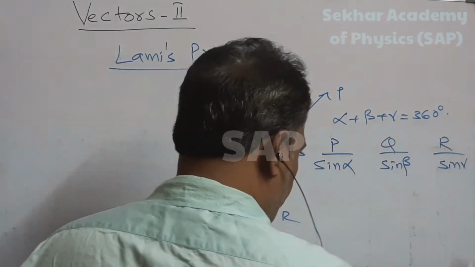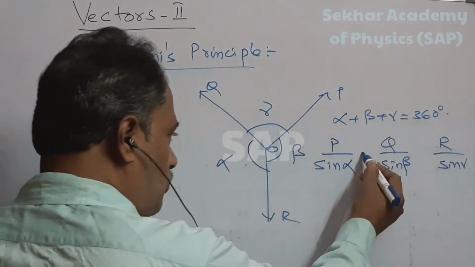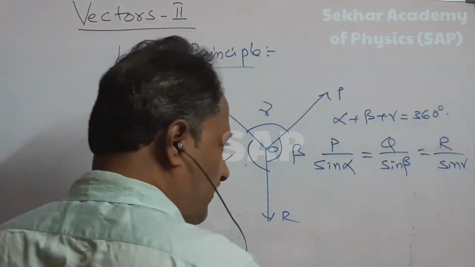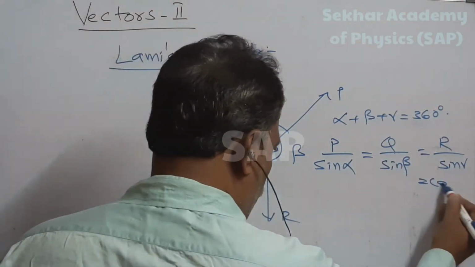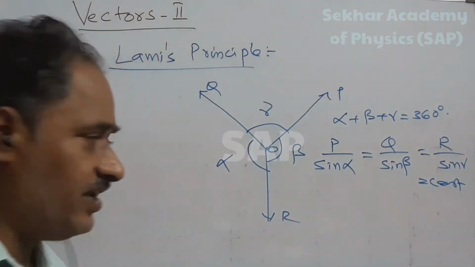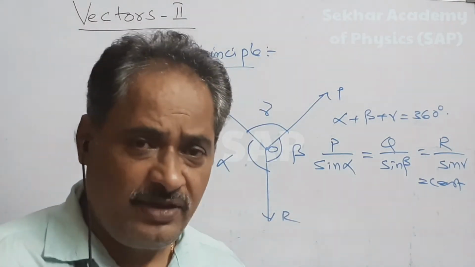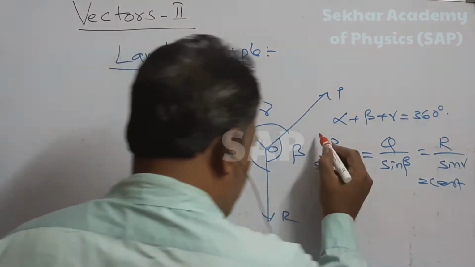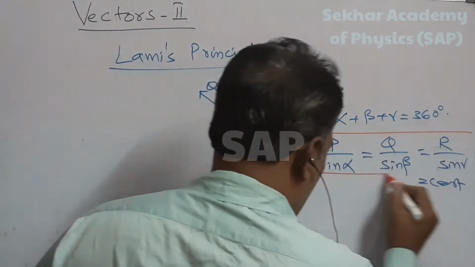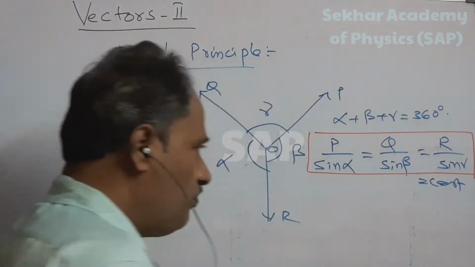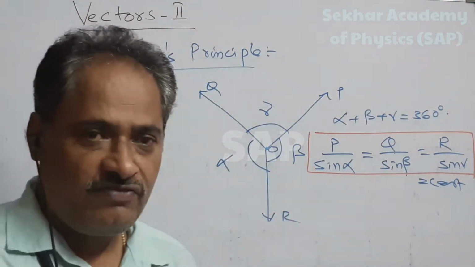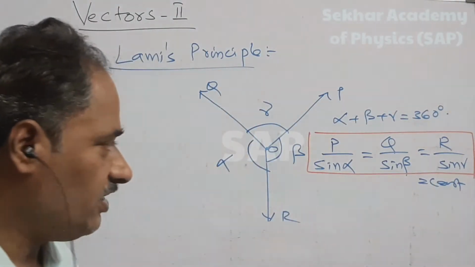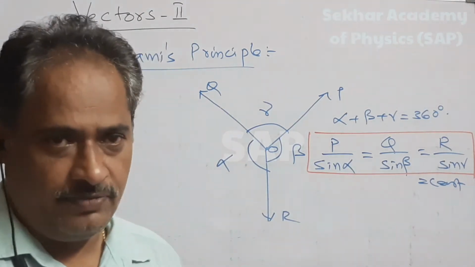Hence I can say P by sine alpha, Q by sine beta, R by sine gamma is equal to a constant. That is nothing but Lami's principle. That means in this particular example, to keep the particle in equilibrium, P by sine alpha equals Q by sine beta equals R by sine gamma.